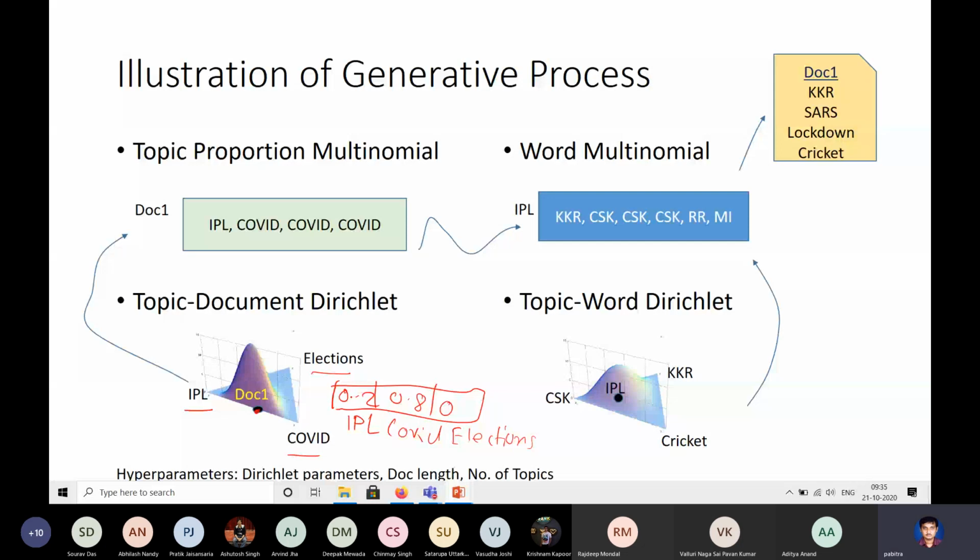Instead of drawing balls of different color, imagine these to be your balls. This is an IPL ball, this is a COVID ball, this is a COVID ball. So I have three COVID balls and one IPL ball. So it is 3 to 1, so let's say it is 0.25, 0.75. So this is the multinomial.